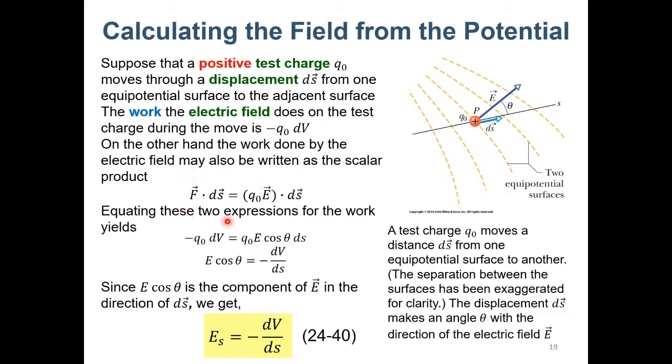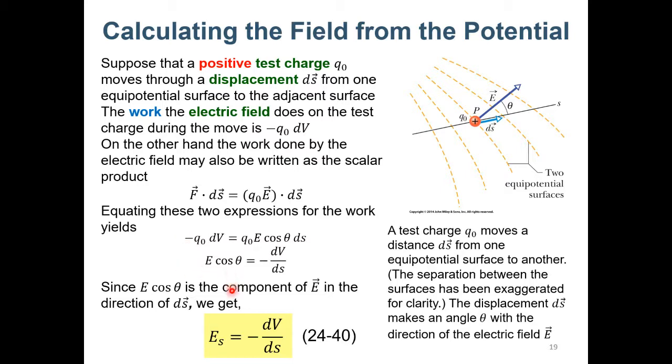And also, from the mechanics point of view, the work done is also F dot ds, and F would be Q0 times E. So we can equate this term and this term. It will become like this.